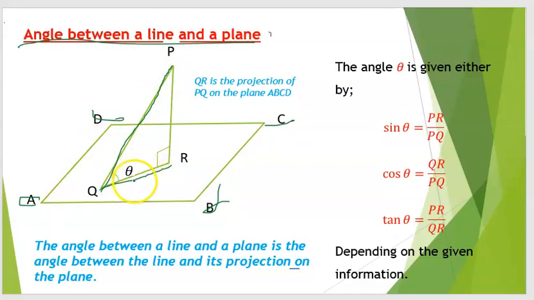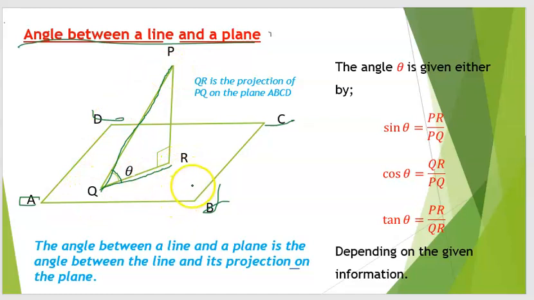So QR is said to be the projection of the line PQ on the plane ABCD. Therefore, to find the angle between the plane and the line, remember the projection is on the plane, so I'll be looking at this particular angle, which is the angle between the line and the projection on the plane.